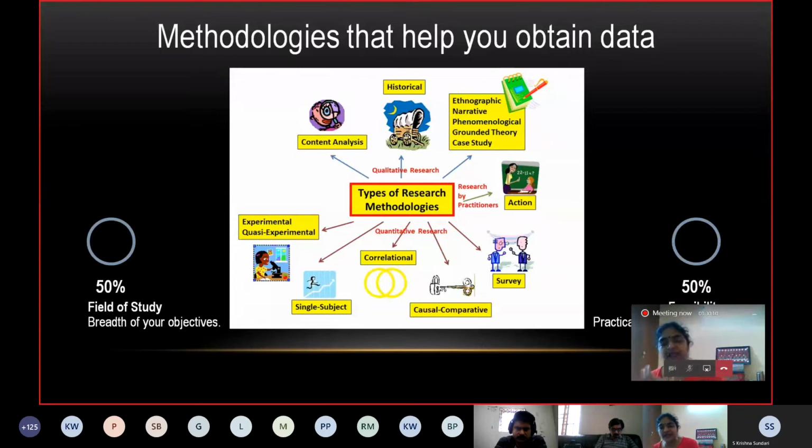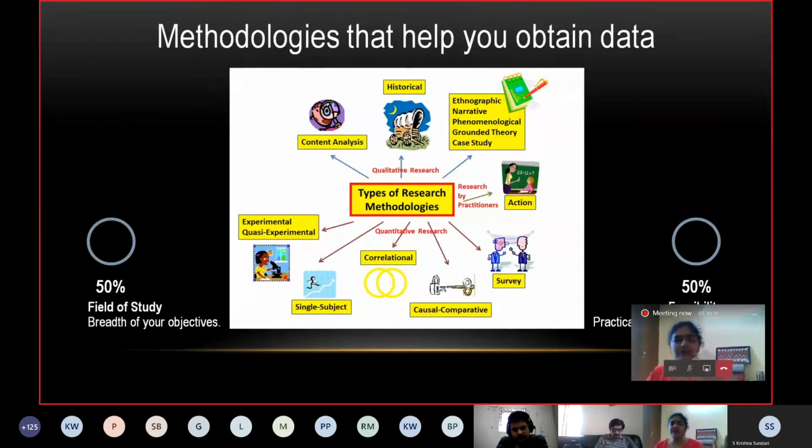Which method you can perform given your domain of expertise, given the place where you are getting your education from, given your guidance, given your resources. These are all the feasibility factors. So 50% of the choice depends upon the feasibility, 50% depends upon the breadth of your objectives.